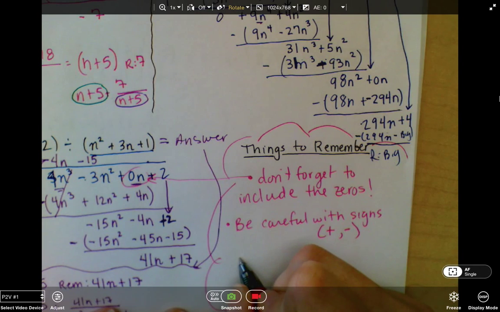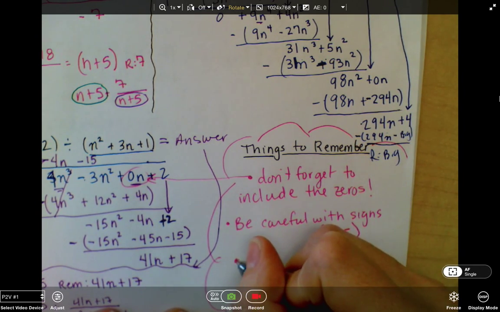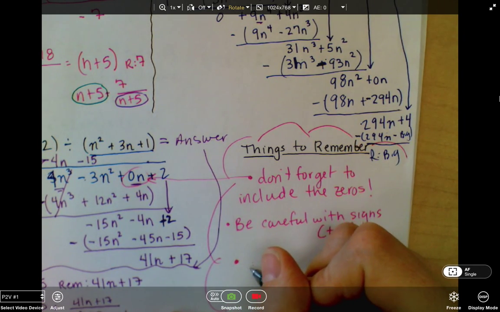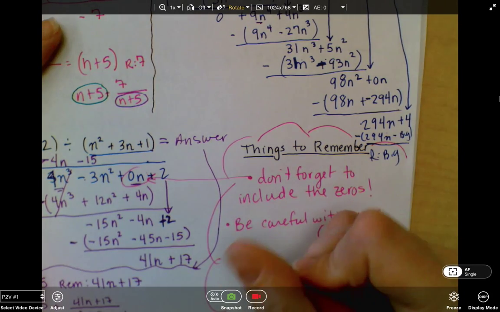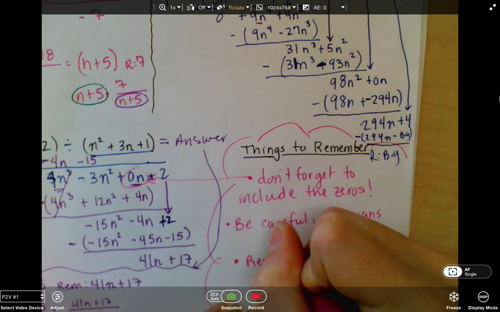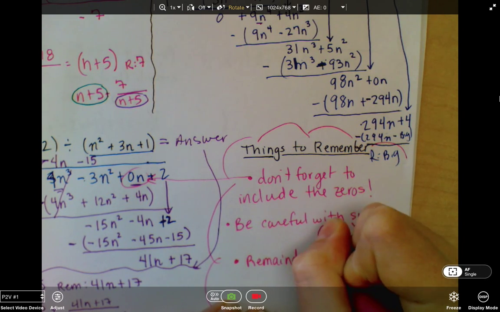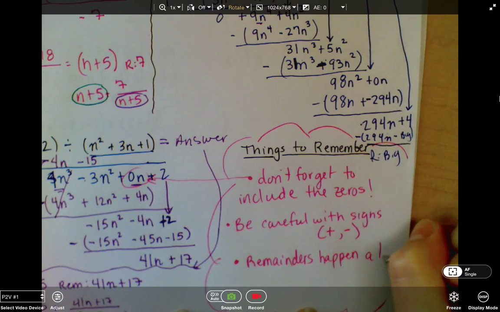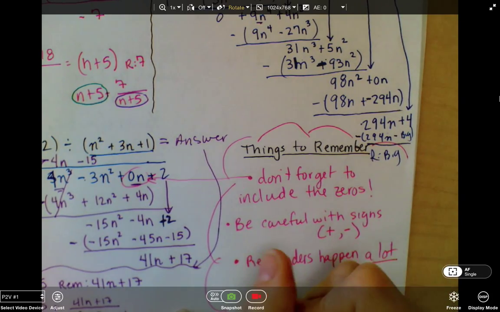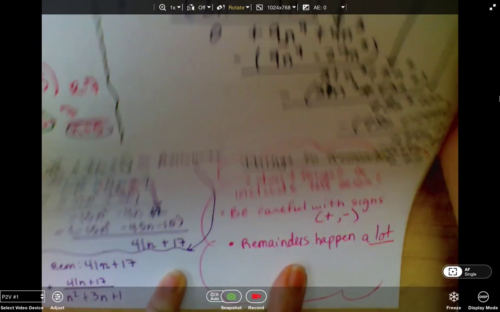Okay. And then last thing to remember, which is even though after today we're going to be doing lots and lots of these that don't have a remainder, in most cases, if I were to divide two things, I would have a remainder. So remainders happen a lot. And what else about remainders?